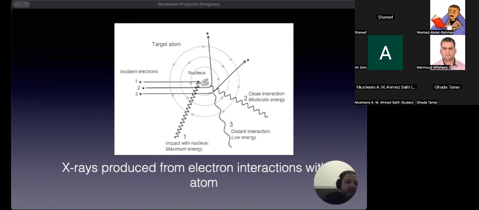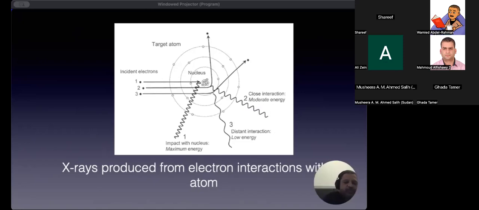Now, if there is an impact parameter b that is not 0, then the electron, as it approaches or comes close to the nucleus, is going to be deflected. And the energy of the photon that is emitted will depend on how much this electron was deflected.